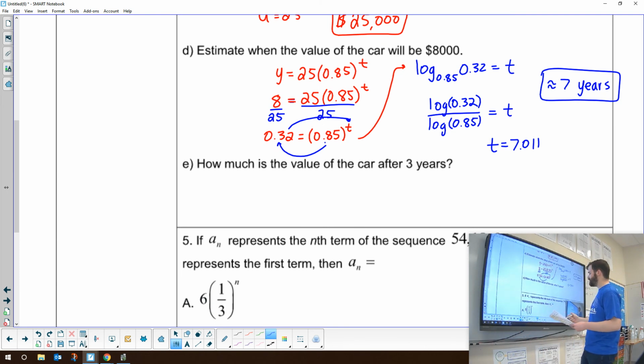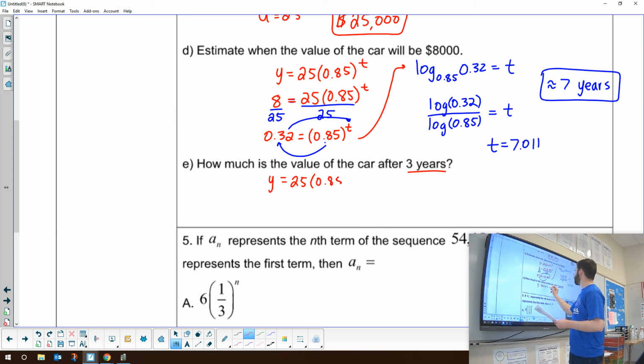Well, for this one, I just need to plug in that 3 for my t. So we take my original equation, y equals 25 times 0.85 to the power of 3. And I just need to plug that into my calculator. We're going to get y equals 15,353.